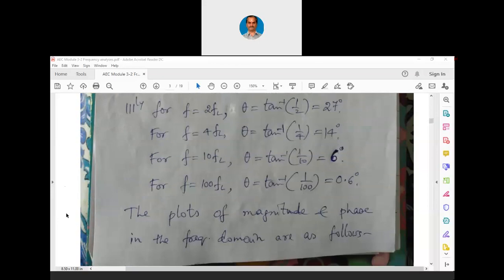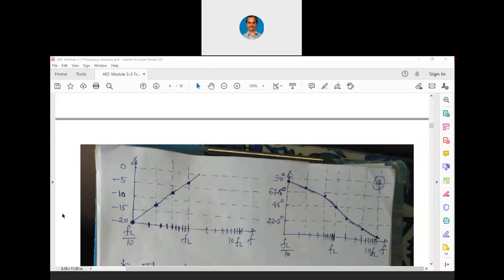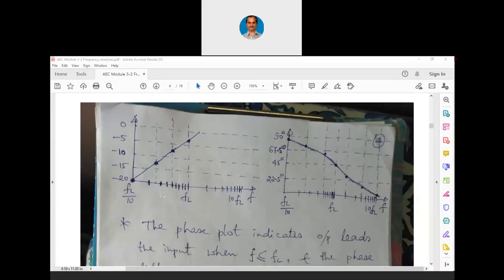Now the plots of this magnitude and phase in the frequency domain are as follows. We can plot them now. You can see this now. We have plotted frequency versus voltage gain and we have plotted frequency versus phase. You can see now from fL by 10.